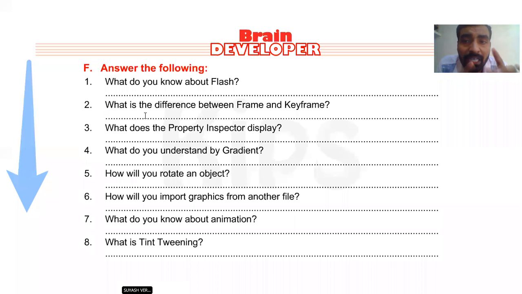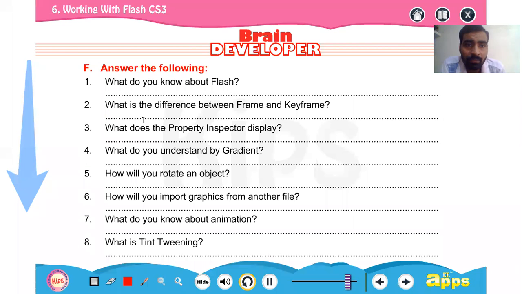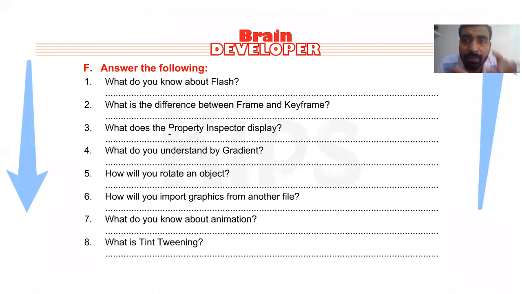Third question. What does the property inspector display? You can say the property inspector displays the settings to change the size, color, and to modify the object.